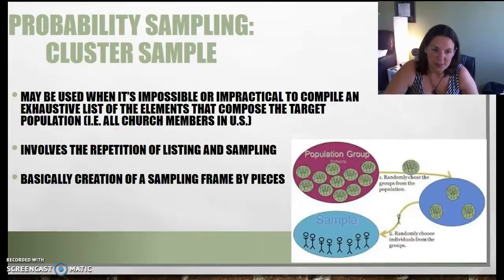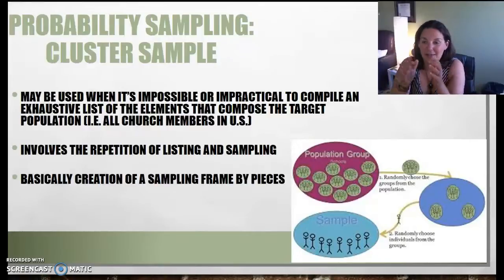Then there's something called cluster sampling. And cluster sampling is used when it's impossible or impractical to get that whole sampling frame. And essentially what cluster sampling does is it creates a sampling frame in pieces. The best example I can give you of this is if we were doing a survey of all church-going people in America.